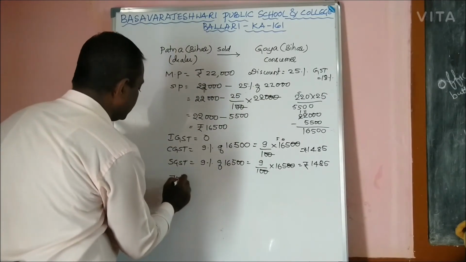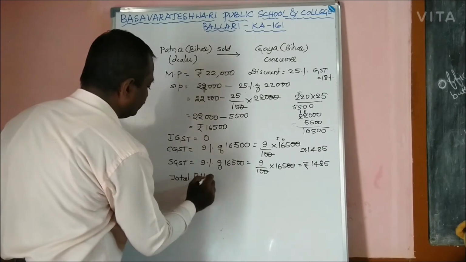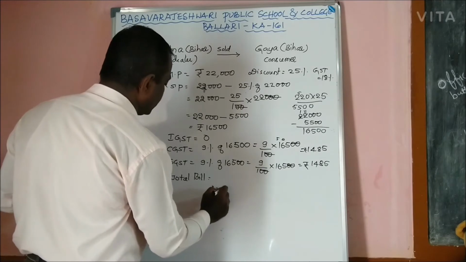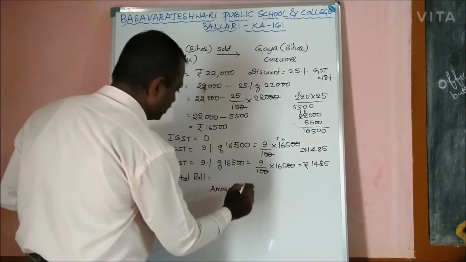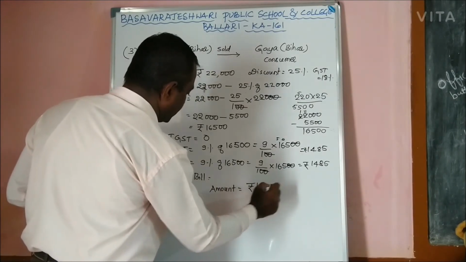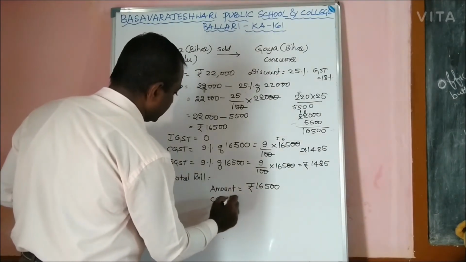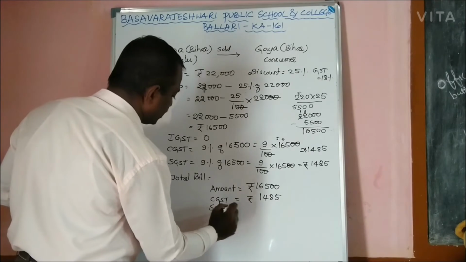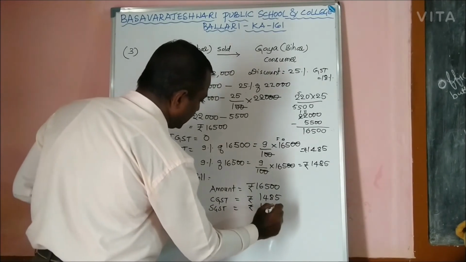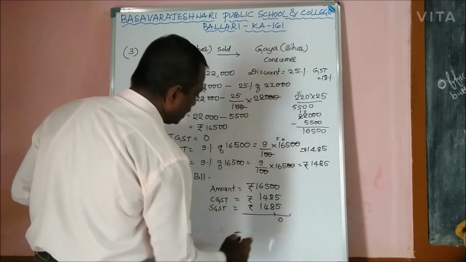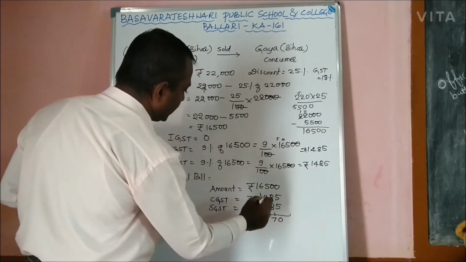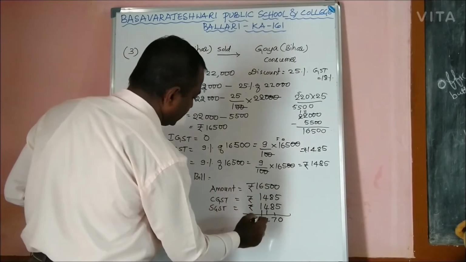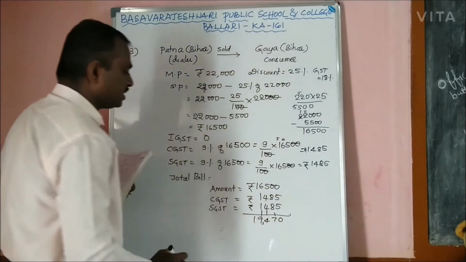So the total bill is equal to the amount he has to pay, 16,500, plus CGST 1,485, and similarly SGST 1,485 also has to be added. The total is 19,470 rupees.